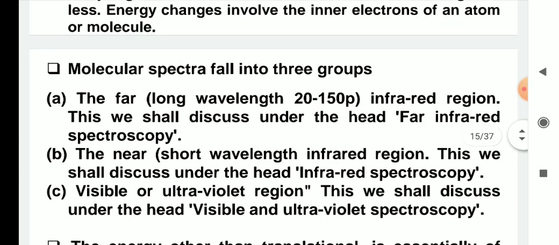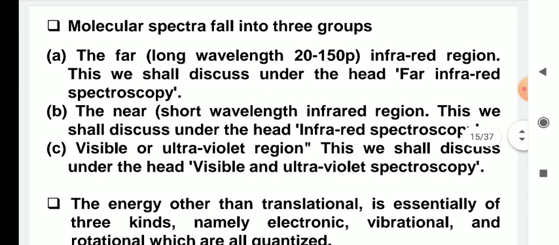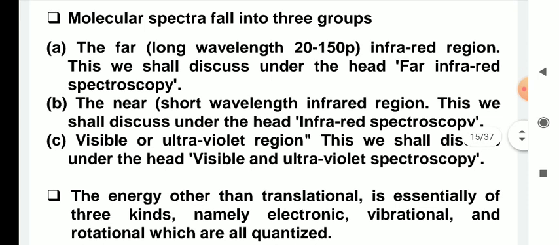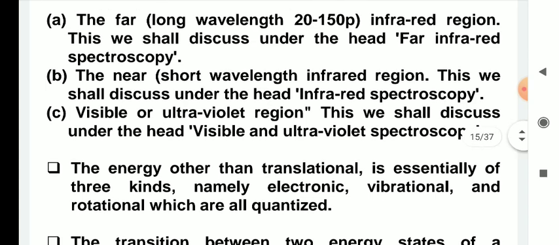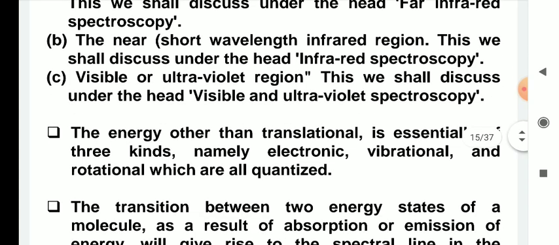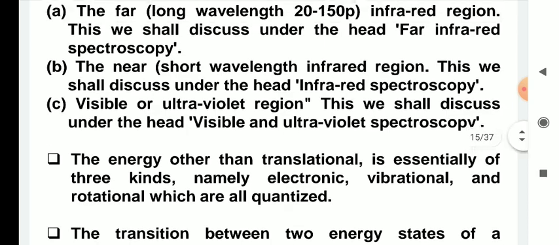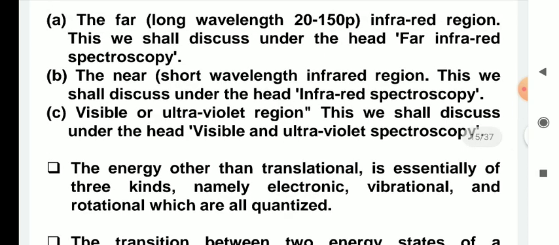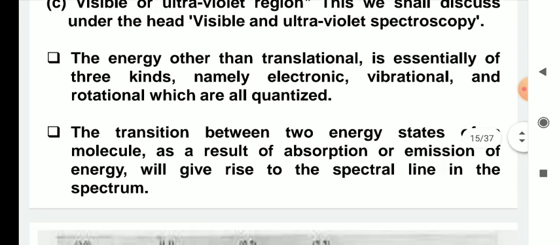Molecular spectra usually fall into three groups, that is far infrared spectroscopy, visible and ultraviolet spectroscopy, and the third one is infrared spectroscopy.